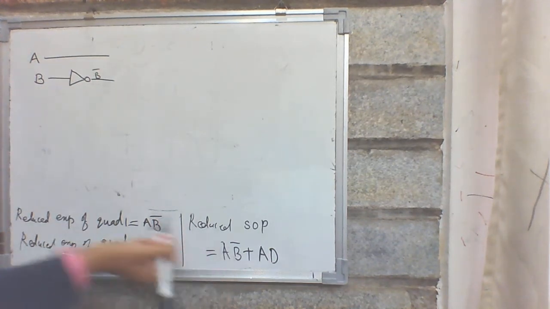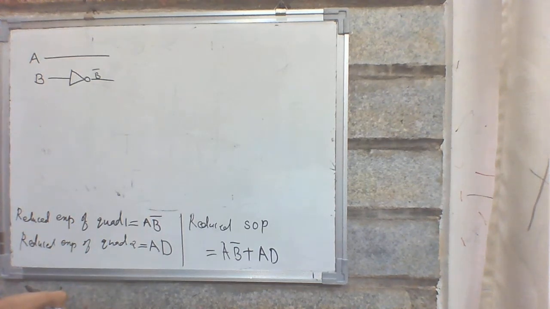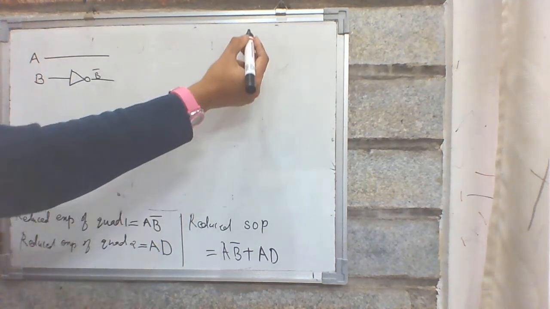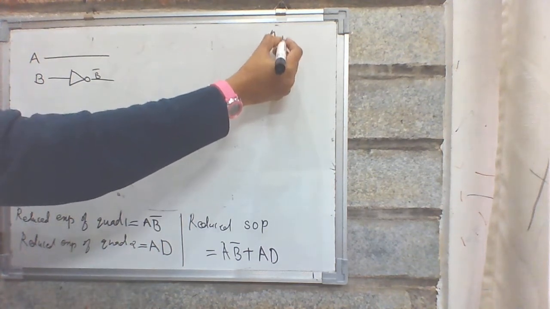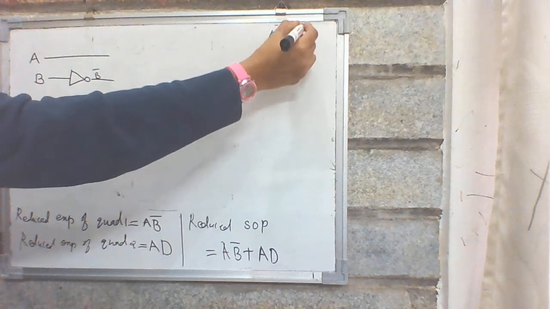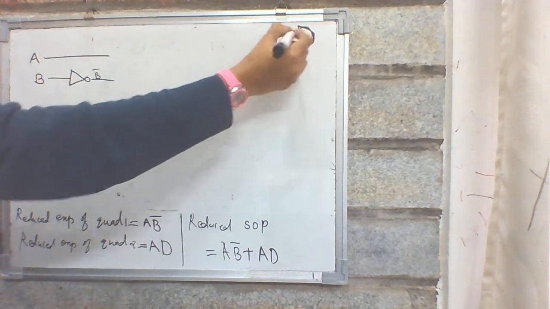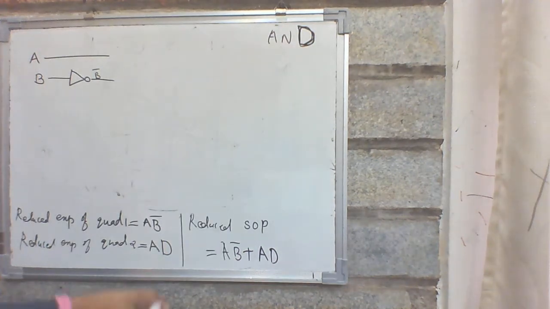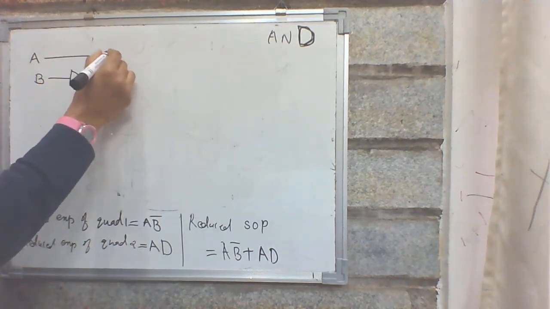Next, AB bar. How to represent this? AB bar, that is AND gate. Which is the gate we required? AND. In that class I told you, AND, last letter is D. So how to represent AND gate?